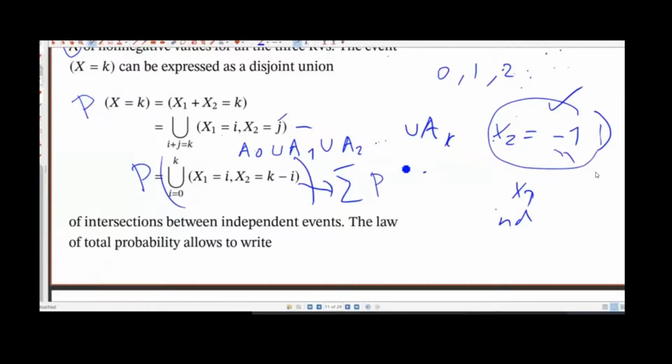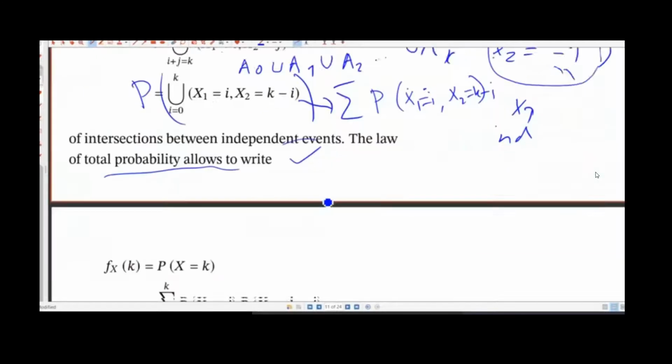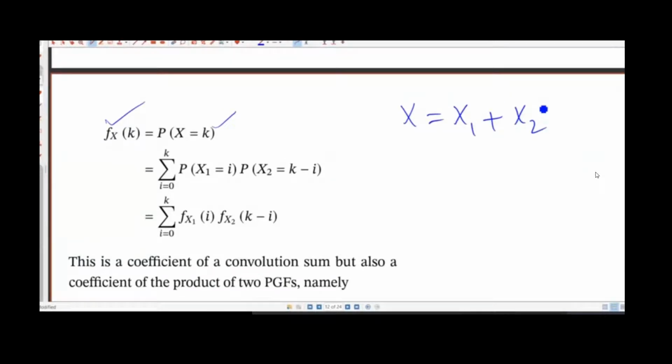The law of total probability can be applied because they are disjoint. And the probability of this event is exactly the PDF of that sum. Remember, x was sum of these random variables.